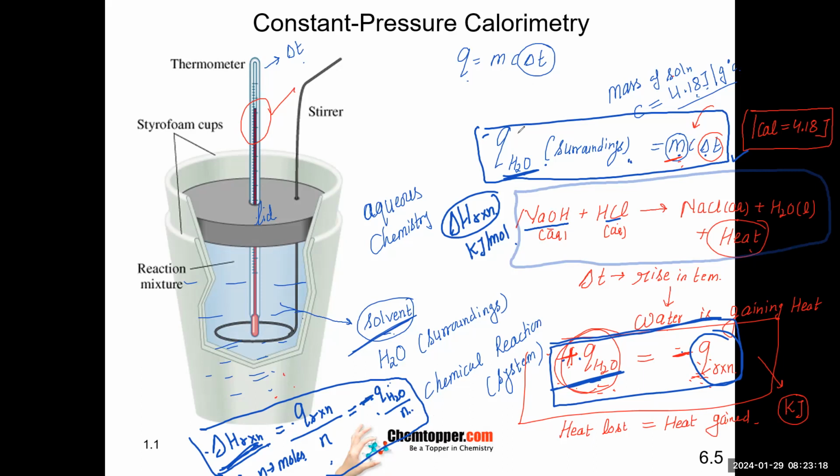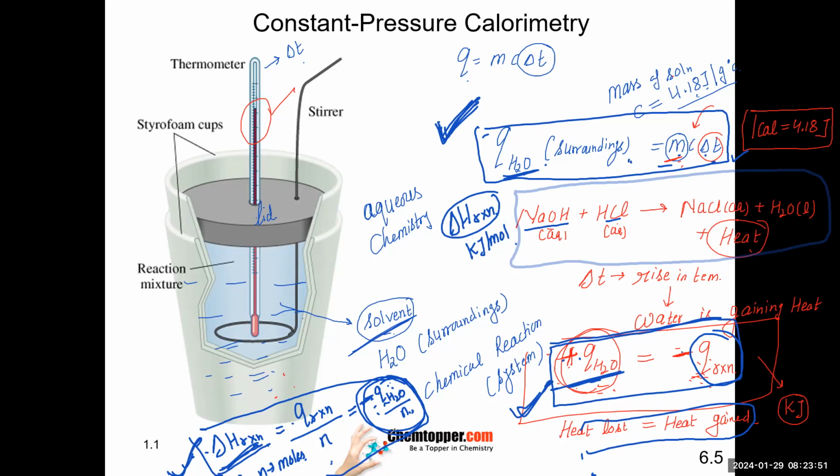So write down these three equations. One, questions will be based on the mc delta T equation. Two, questions will be based on the first law of thermodynamics, heat lost equal to heat gained. And then you are going to calculate delta H of the reaction as minus Q water over n. These three equations I'm going to use in this cup calorimeter.